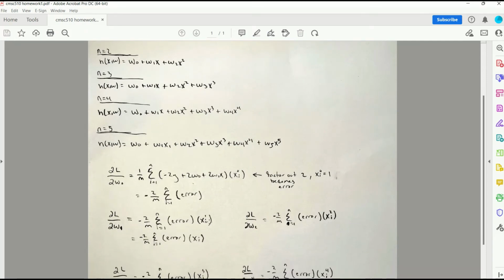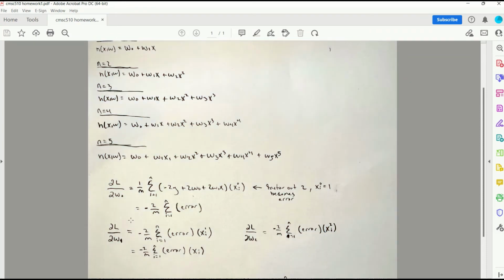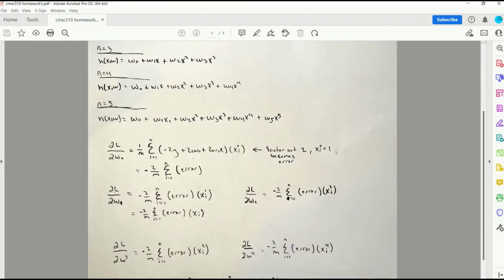But if we keep going with that general formula, if we're calculating the partial derivative with respect to weight 1, then we have the error times x_i to the power of 1, which is just x_i, right? So the difference between this one and this one is that we're multiplying it by our training data.